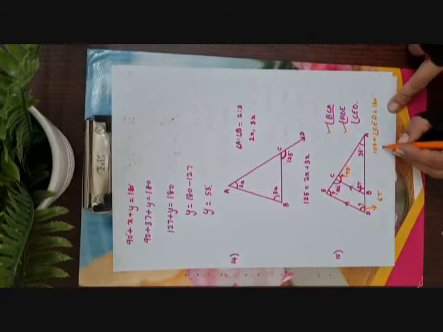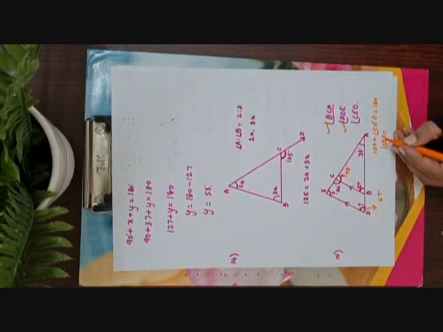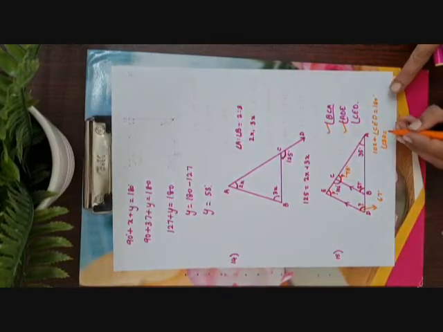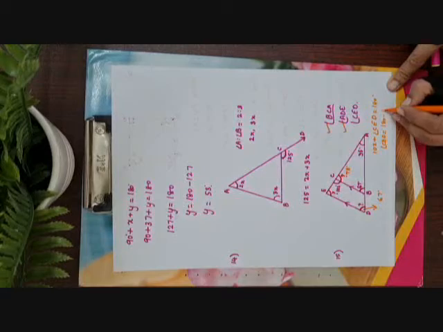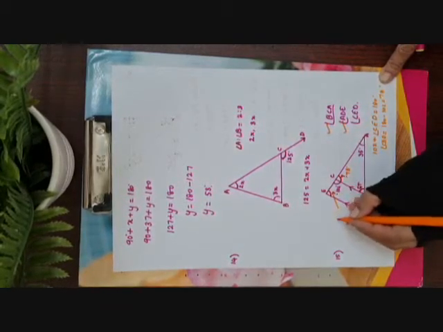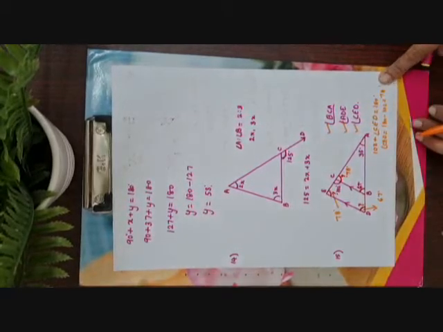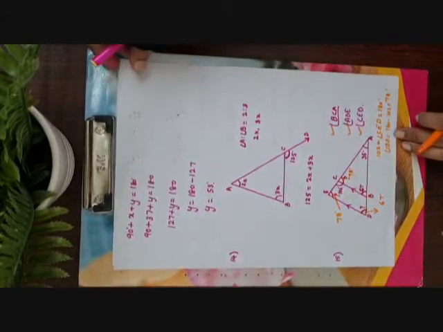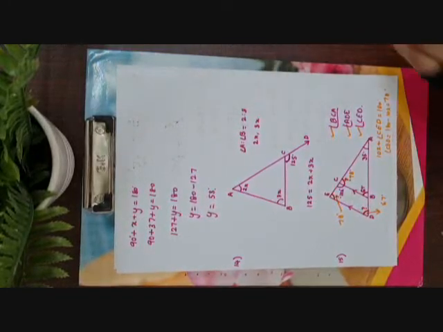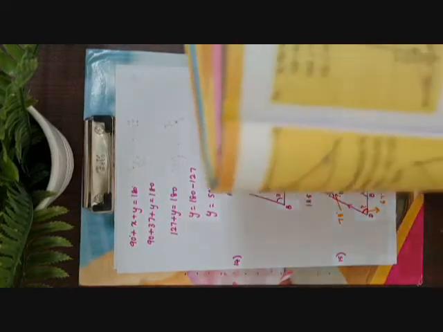Angle CED will be equal to 180 minus 102. That is nothing but 78 degrees. Hence we got the value of this angle also as 78 degrees. Is that clear? It looks lengthy, but it is very simple. Okay, children, let's move on to the next question, the 16th one, which is very simple and you are going to do it after my explanation.